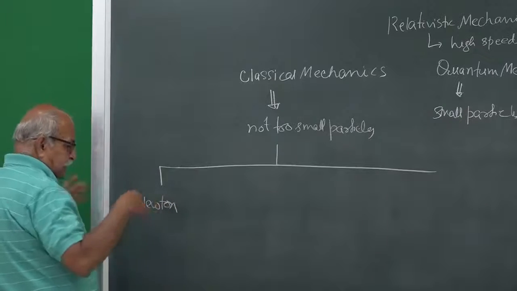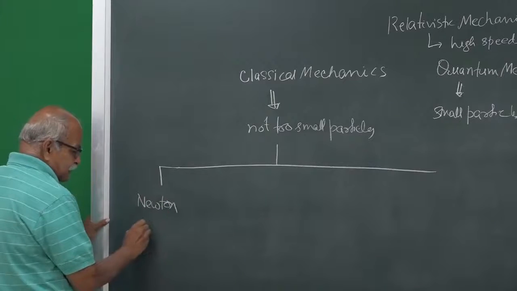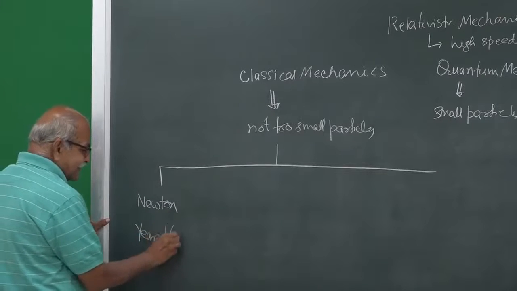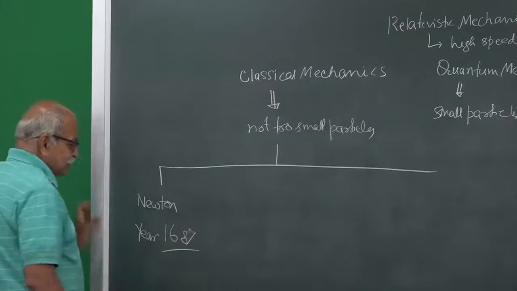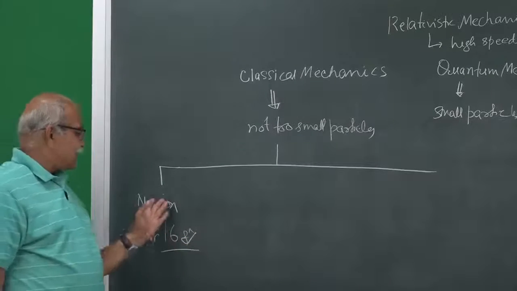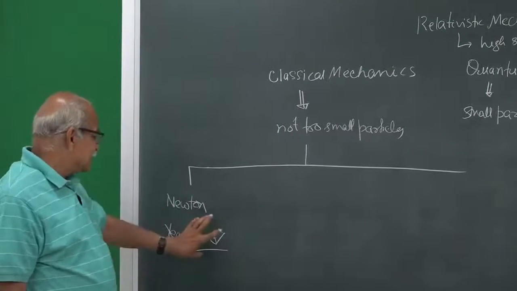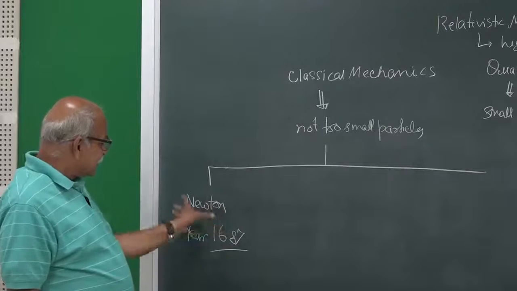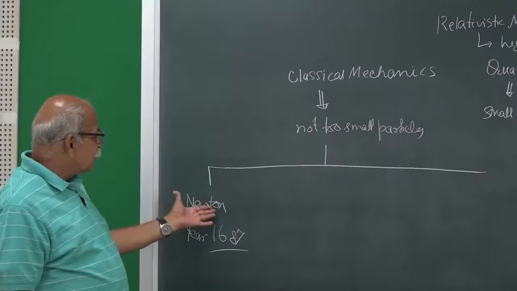This was in the 17th century, around the year 1687, perhaps, when Newton published the mechanics book Principia. So, this is roughly the later half of the 17th century. This is the period when Newton formulated this. We call it Newtonian mechanics.